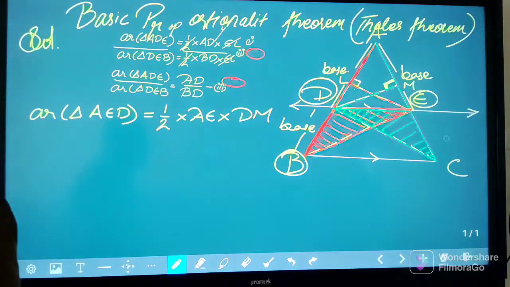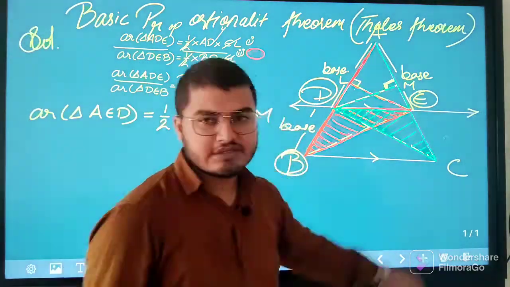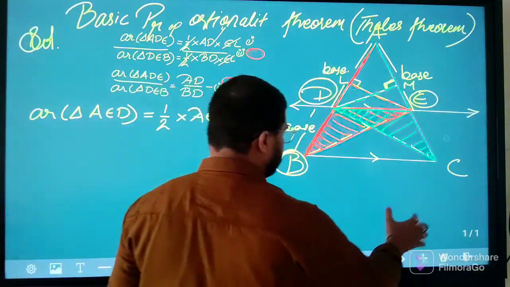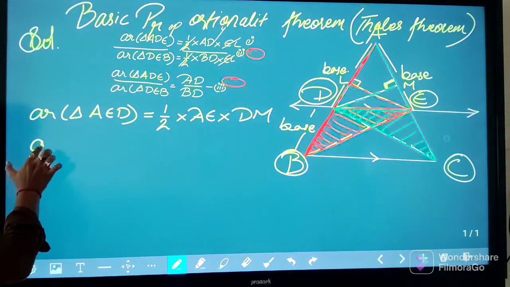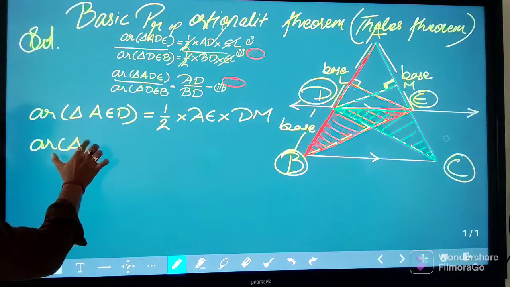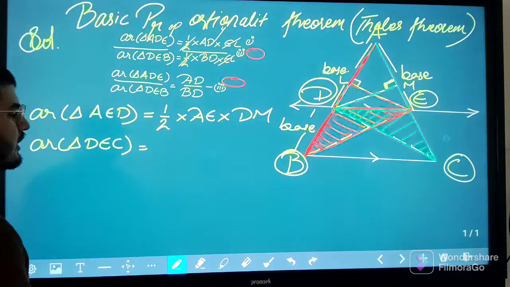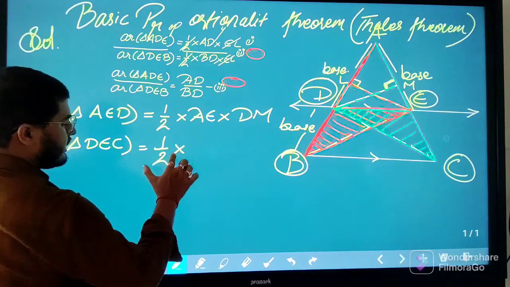The name of the triangle is, yes, what is the name of the triangle? DEC. Yes, you are correct. The name of the triangle is DEC. So what will be the area of triangle DEC? In the same way, the formula is same, half base into height.